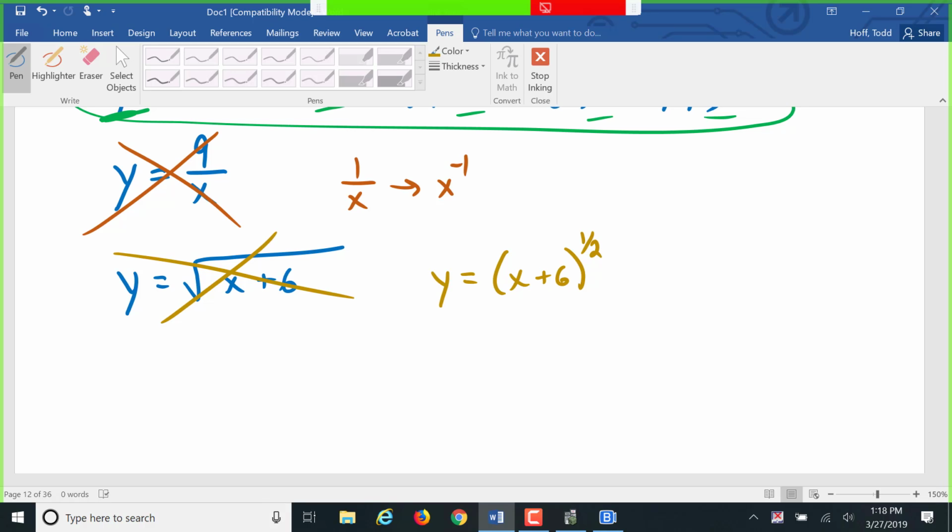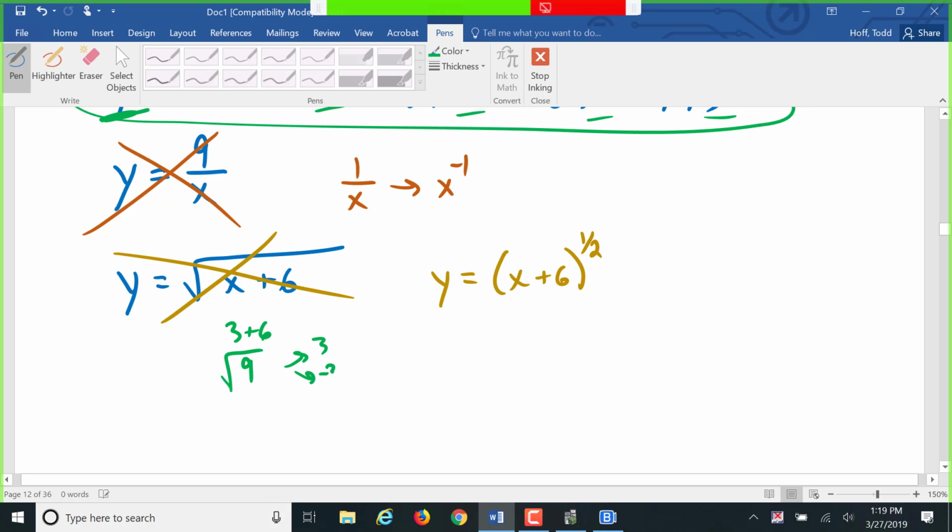Now, once again, we can define it in such a way to make it a function. You remember a square root, if we put in a value for x here, let's say we put in the value of 3. Well, 3 plus 6 would be 9. Well, the square root of 9 would be positive 3 or negative 3. We're getting out two different values, so therefore it's not a function, right?